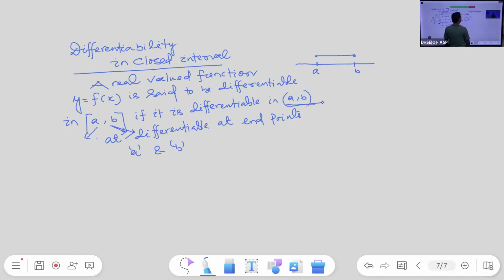To check the differentiability of a function in an interval, we have to remember the differentiability region of the standard functions, and we have to search for the suspicious points. Suspicious point means the point at which the function may be non-differentiable, right? So using these two concepts, we can check the differentiability of a function in an interval. Did you understand what I mean to say?